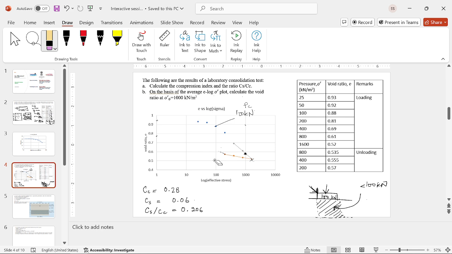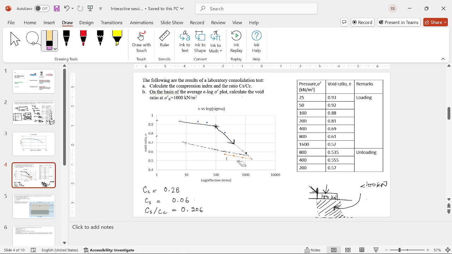See now what the soil will do. Initially, this was the pre-consolidation pressure right here. So it went from this to this loading. Now we have stopped the loading here, and if we unload it, unloading will follow this line.